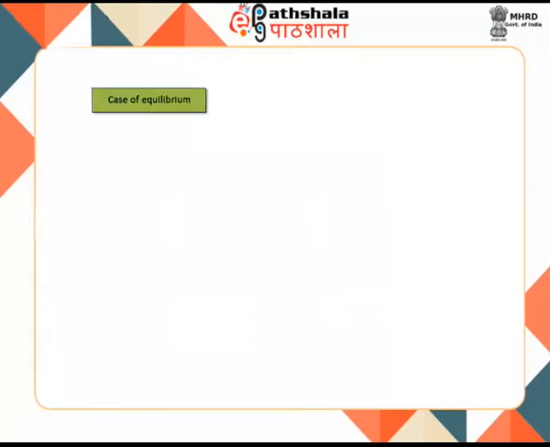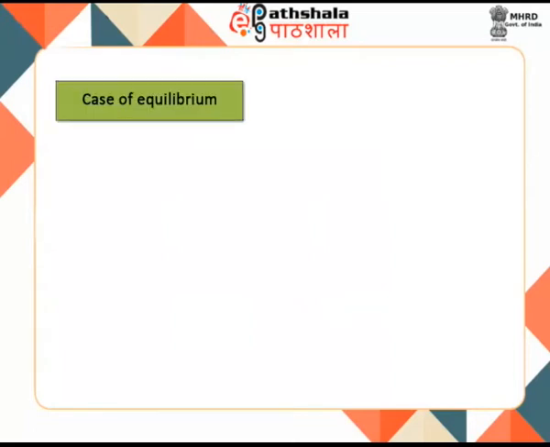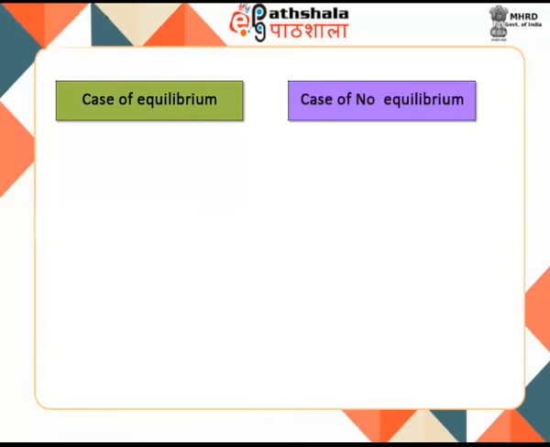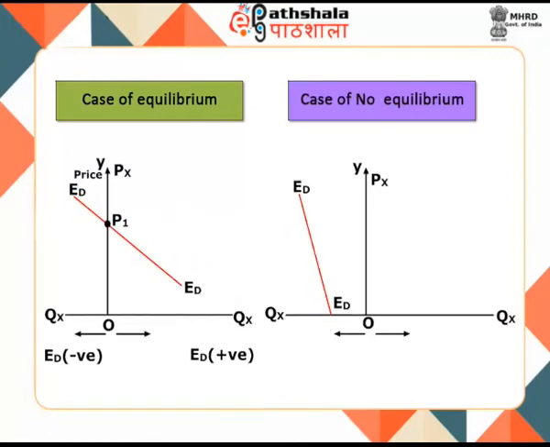Let's look at the cases of equilibrium and cases of no equilibrium. The excess demand curve as a function of price is downward sloping. In case 1, equilibrium exists at P1 and the equilibrium price is OP1.